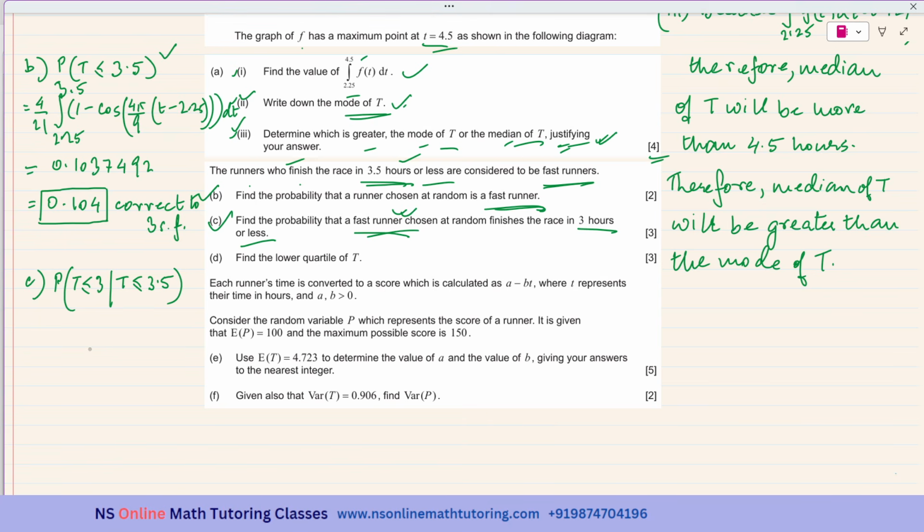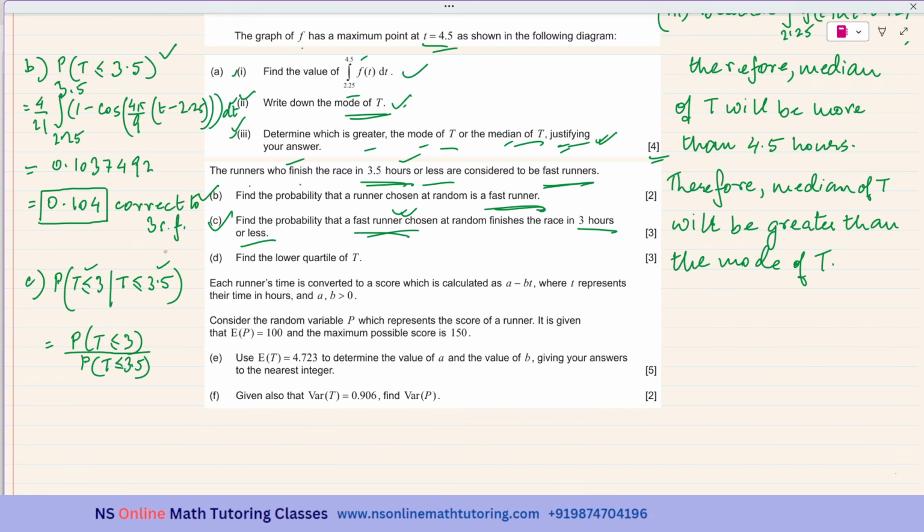Okay, so this is equal to, the numerator should be T is less than or equal to 3 intersection T is less than or equal to 3.5. What is less than or equal to 3 has to be less than or equal to 3.5. So therefore the numerator is P of T less than or equal to 3, and the denominator is P of T less than or equal to 3.5.